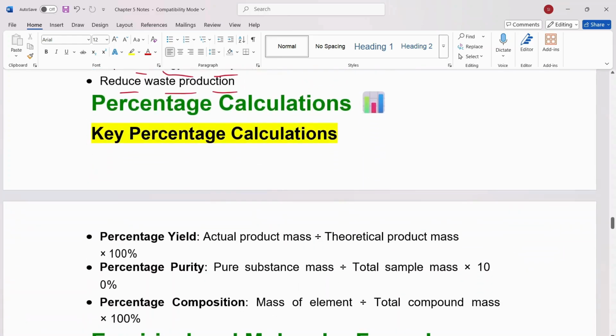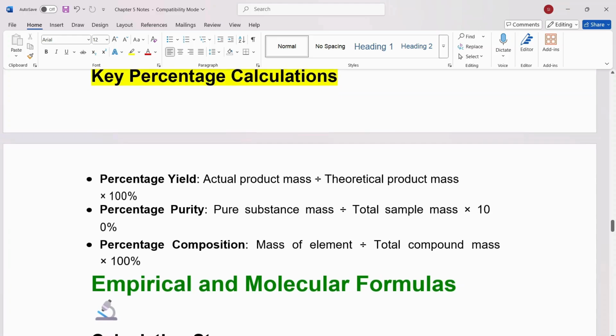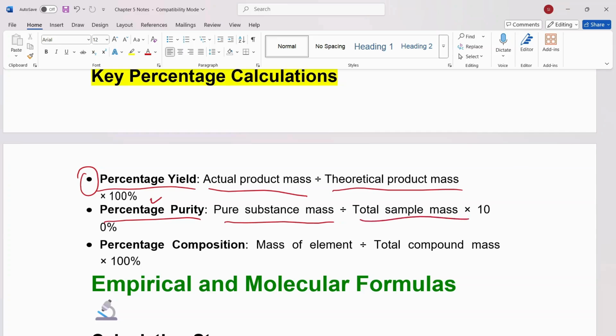Now let's talk about some percentage calculations. Key percentage calculations for which you need to learn the formula: percentage yield. What you will do, take actual product mass and then divide it by the theoretical product mass times 100. Then for percentage purity, use pure substance mass divided by total sample mass times 100%.